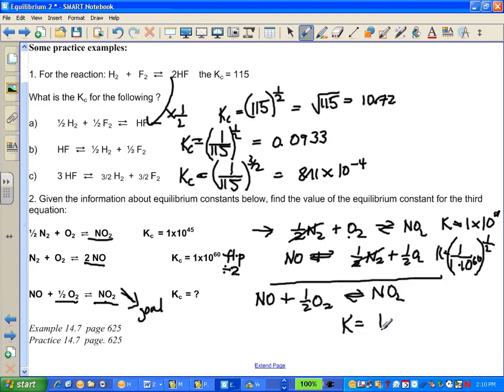So it's going to be 1 times 10 to the 45 times 1 over 1 times 10 to the 60, to the 1/2. And when you do this math, you get 1 times 10 to the 50.